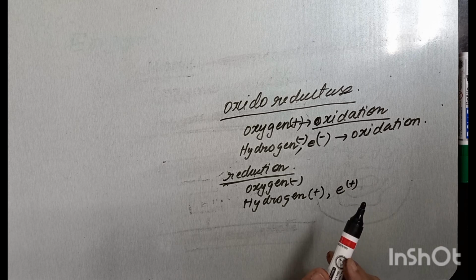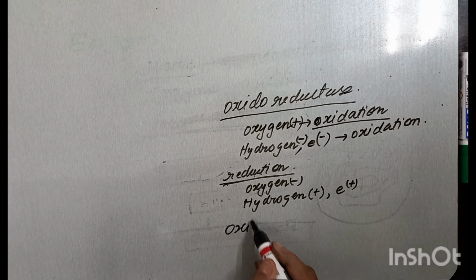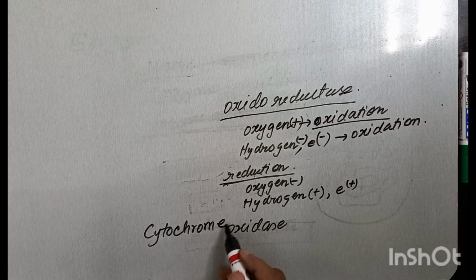Enzymes which are oxidoreductases are generally named either as oxidases, after their substrate. Suppose cytochrome oxidase: the substrate is cytochrome and the function is oxidation.